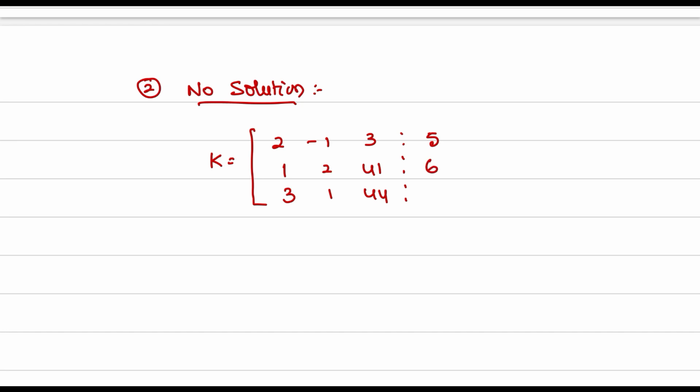Let us study for what value of alpha and beta the system will not have any solution. The augmented matrix K is equal to 2 minus 1, 3, 1, 2, 41, 3, 1, 44 and 4, 5, 6 and beta.